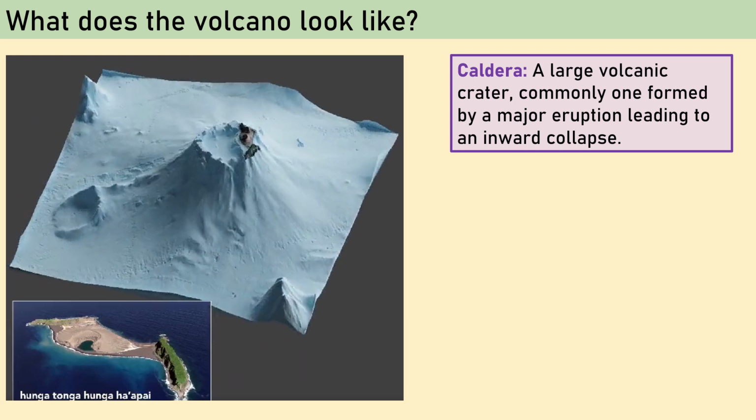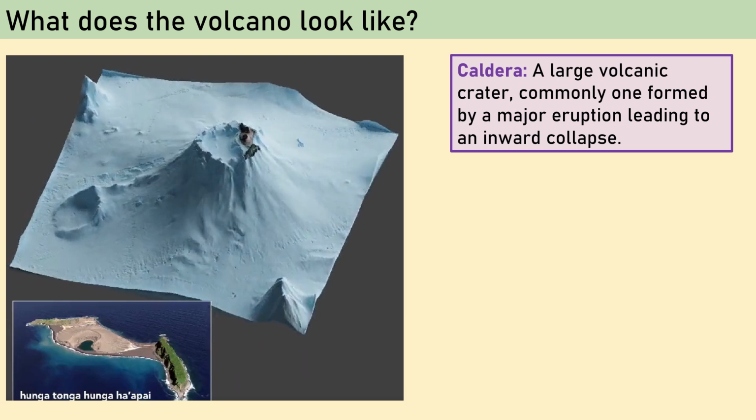So here's another way of looking at this, and same thing again, you will see those darker parts on this graphic. Those are the parts of the island which were exposed above the water, or were rising above the surface. The caldera, which is the name of the large volcanic crater, you will see it is much, much bigger.